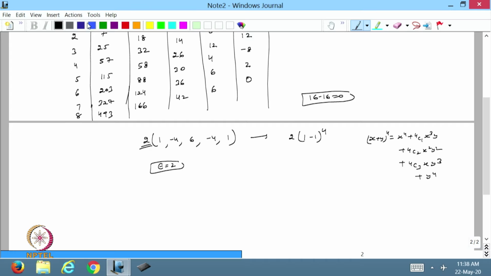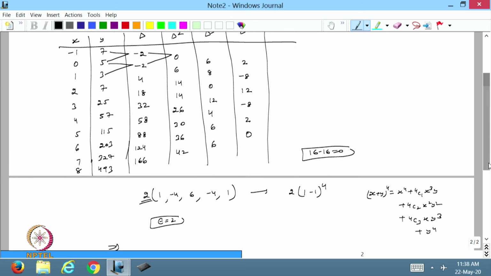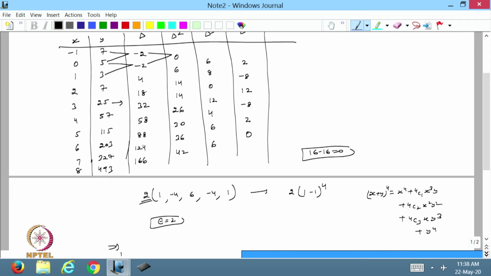Now, I also want to see that the error grows symmetrically, one above and one below. So, from here you can see that if I choose this value 25, it goes from this to this, then from here it goes to this value.